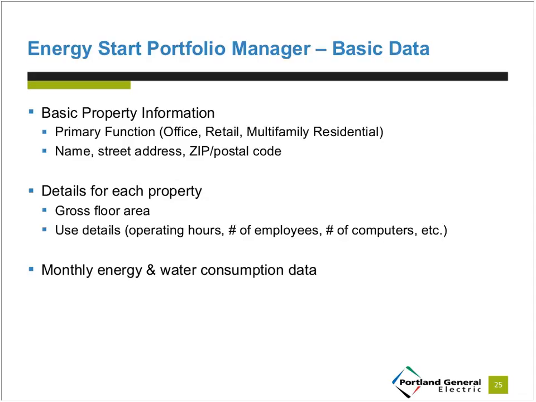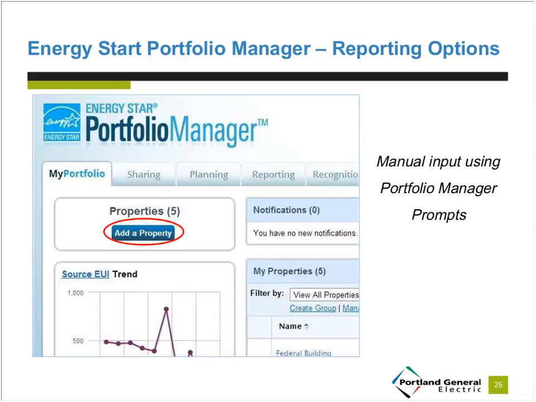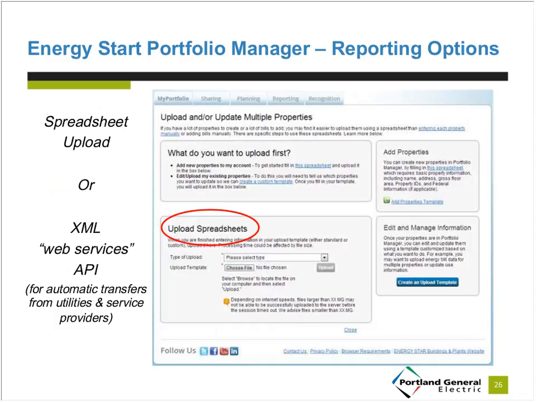All of that is put together to give you that Energy Star rating from 1 to 100. It's fairly simple to do. There's several ways of doing it. Basically, there is a prompt system where you go on site to the system and you just say, let's add a property, and it prompts you for what information you need to add. Or you can upload a spreadsheet with that particular information, and it tells you what format to put the spreadsheet in.